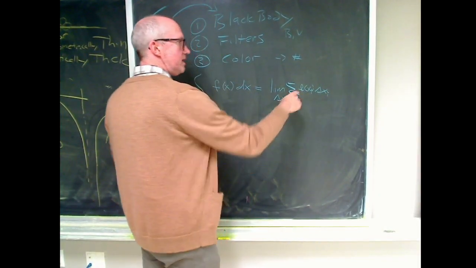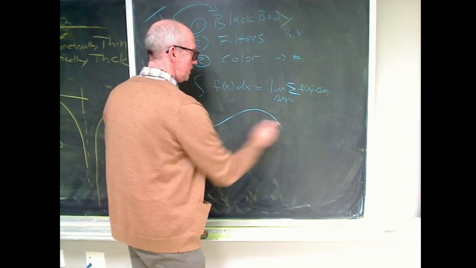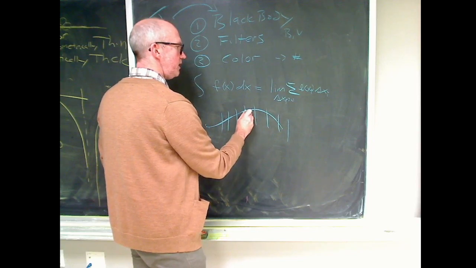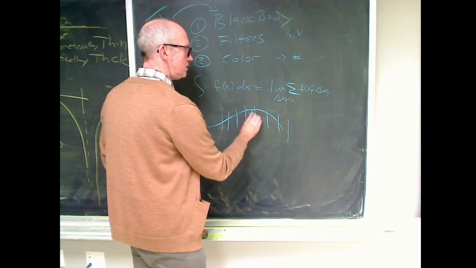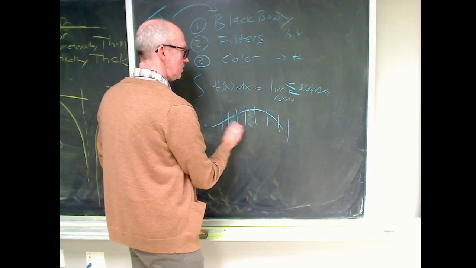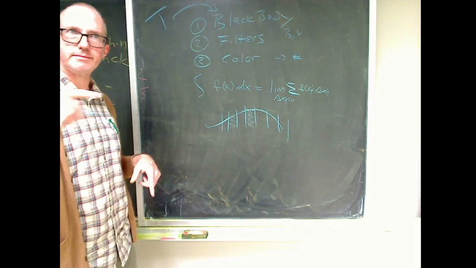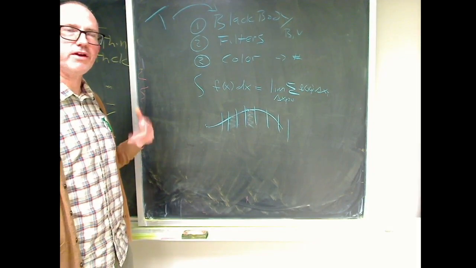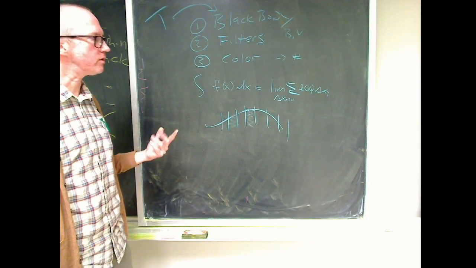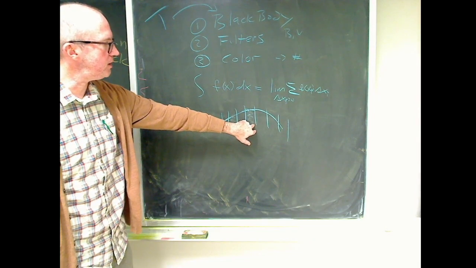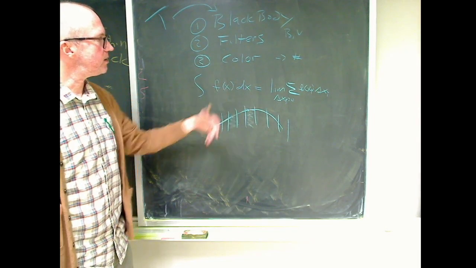So I take my function and I break it into little chunks, and I just add up the area under the curve in each one of these little chunks just by base times height. This is the trapezoid rule. There are fancier ways to fake an integral, but this is the easiest one. So as I send the size of my partition to 0, I recover this integral.